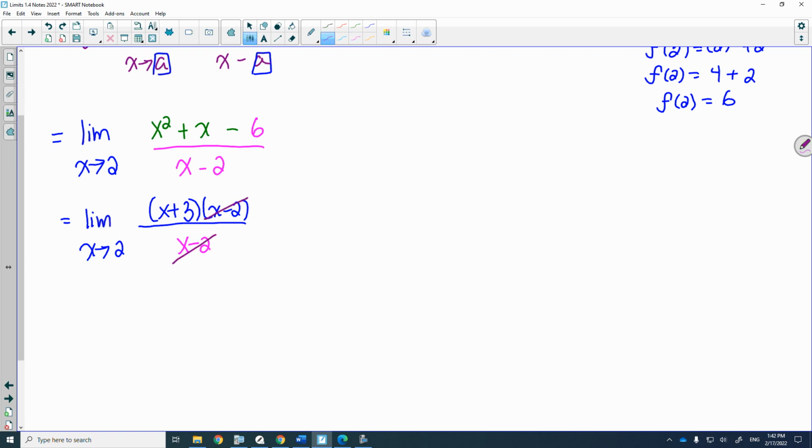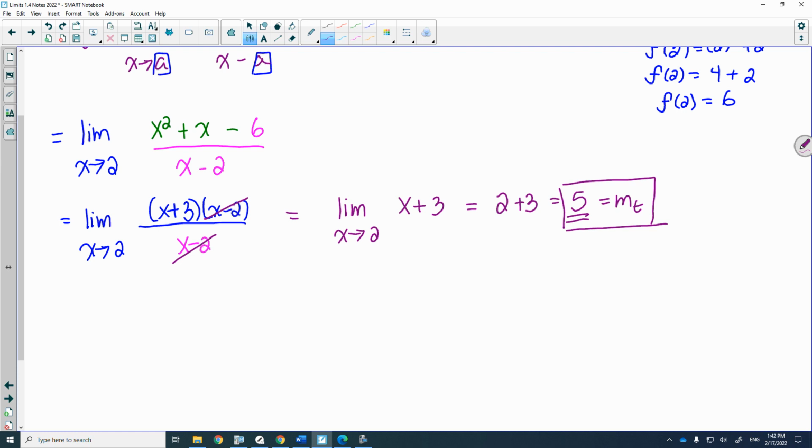This will cancel, and we will be left with the limit as x approaches 2 of x plus 3. I'm able to substitute in now, so I don't need to use the limit anymore. I could just substitute 2 in for x. So 2 plus 3 is equal to 5, and that is going to be the slope of our tangent line.